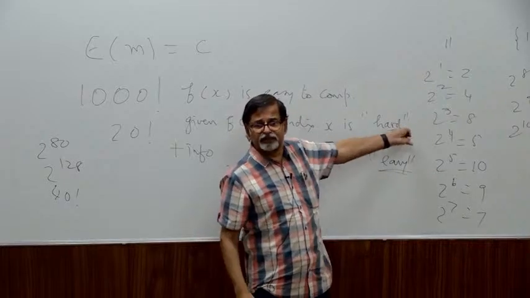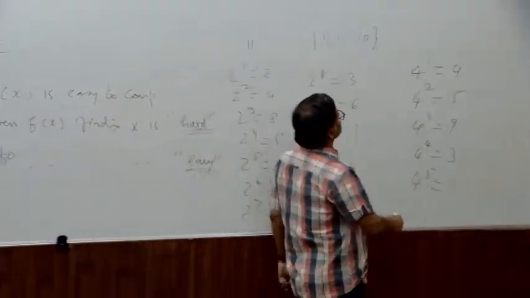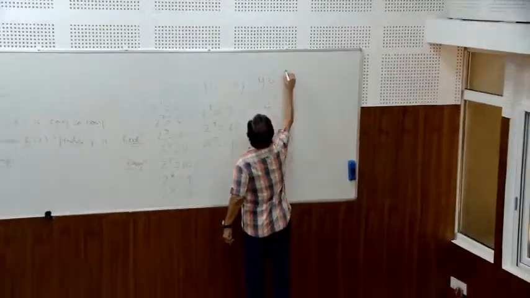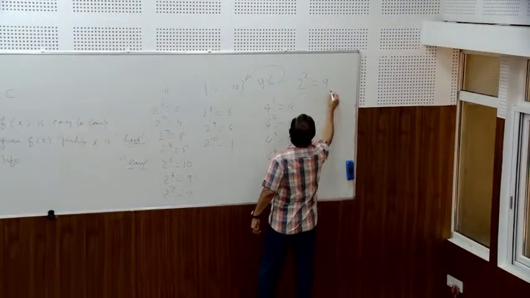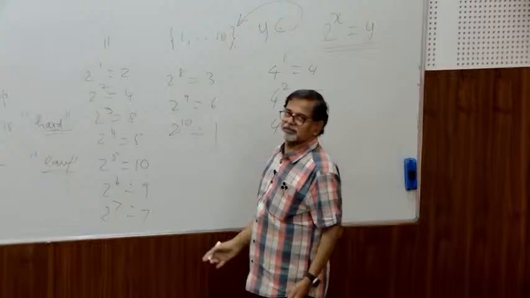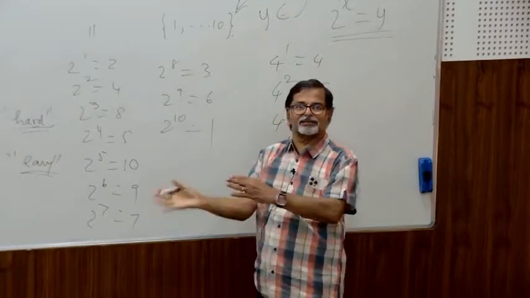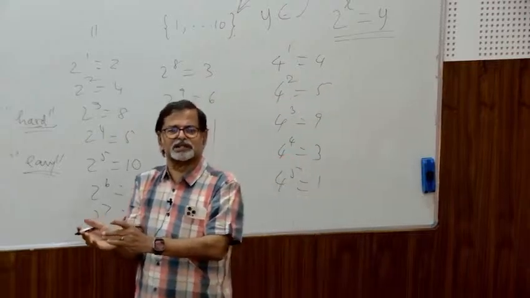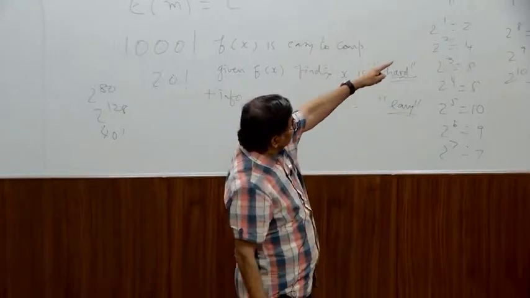Since every number is generated by 2, take any number in this, right? Y belongs to this set. There must be an x such that 2 power x equals y. Every number is generated, there must be some x. And that x, we borrow the terminology from the continuous world, is called a discrete log, because 2 power x is y.